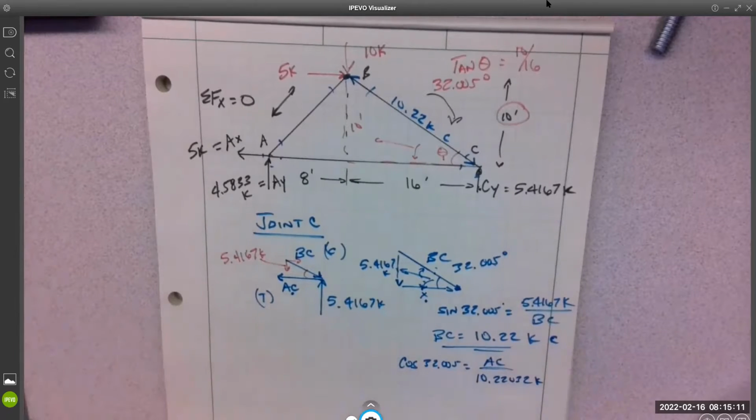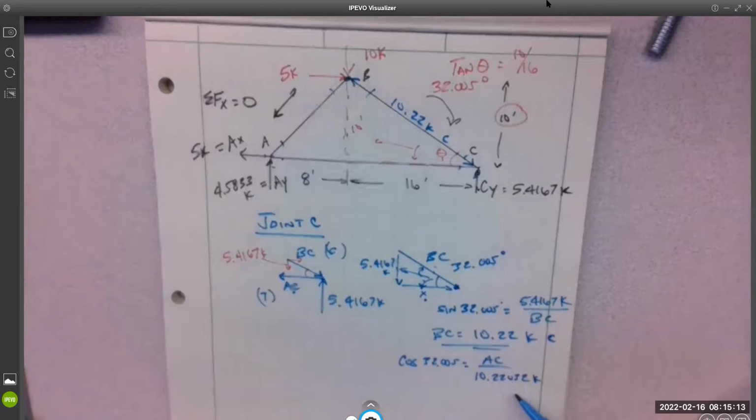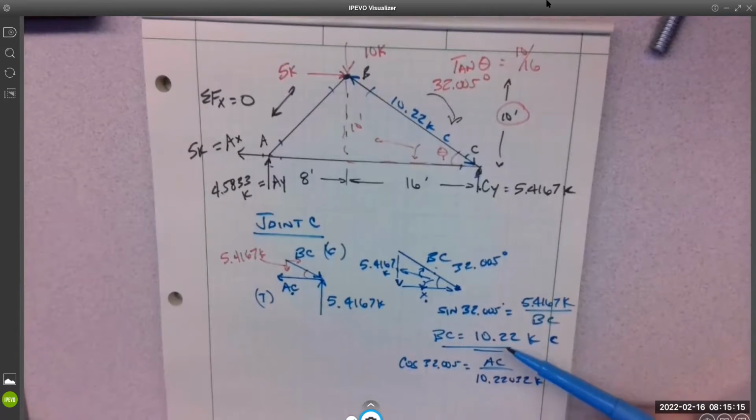10.22032. It's best to not use the rounded number there. So when you get a solution that's rounded, at least put in 4 places for the next calculation. The book's not so good about that. So your answers could be just ever slightly off of the book answers. They round intermediately and then they round all weird.